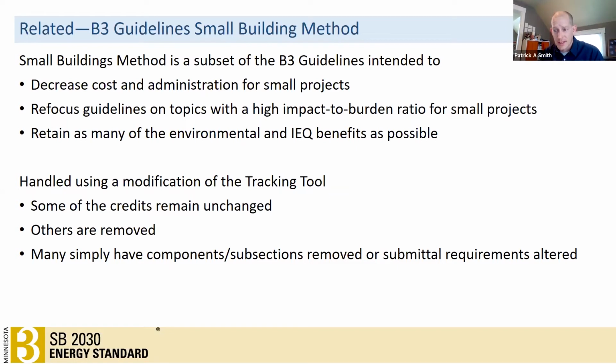If you do have a project that is interested in pursuing the B3 guidelines small building method, again, only under version 3.2 is this available. Please drop me a line if you're not already on that path. We do let projects move into a more recent version of the guidelines. And if you have a project that might be starting out under 3.1 or earlier, it might be worth looking into taking advantage of the small building method.